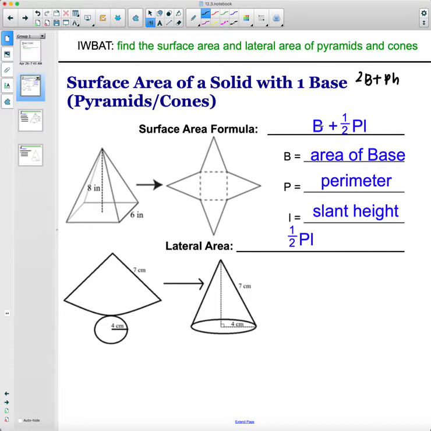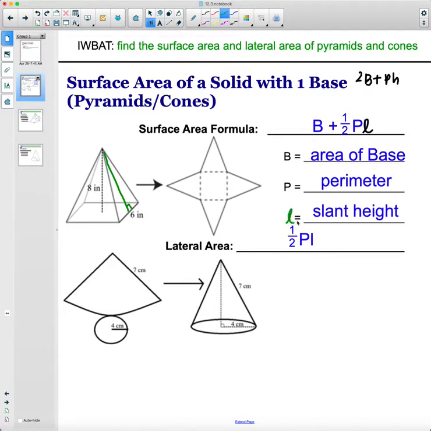So we have area of the base plus 1/2 the perimeter times, and this is usually like a cursive L, so 1/2 the perimeter times what's called the slant height, okay? So you'll have the height of a shape, and then you'll have the slant height, which is down the edge, okay? It's the height of one of the lateral faces, so you'll see it this way.